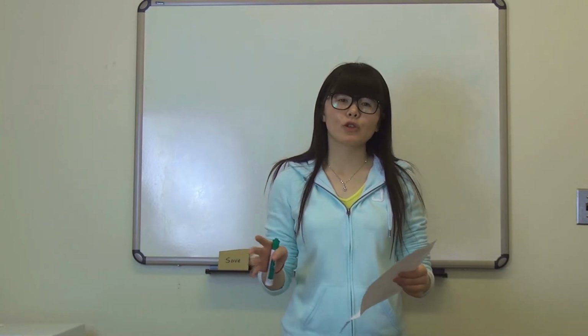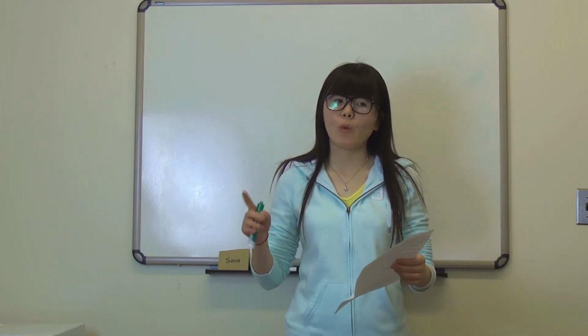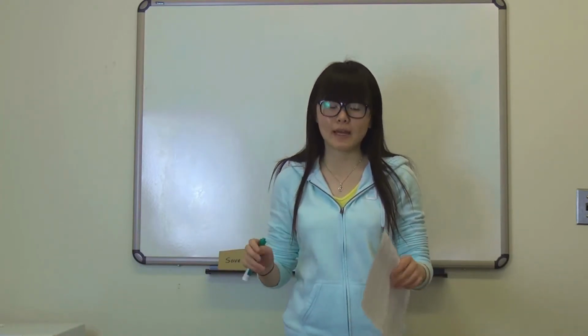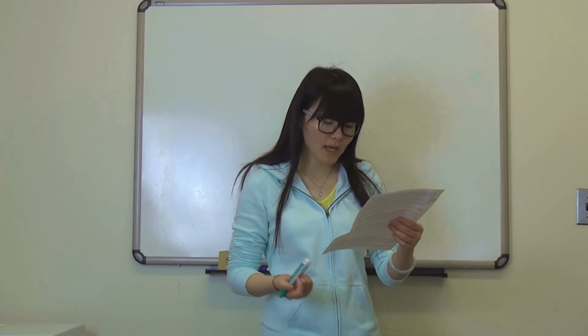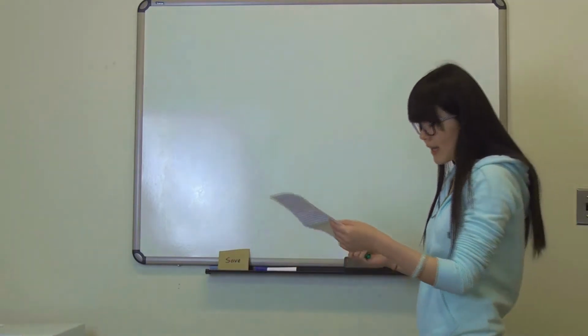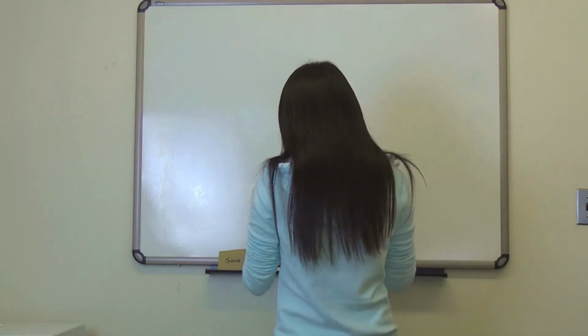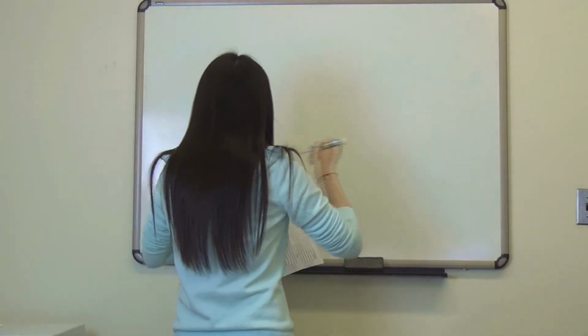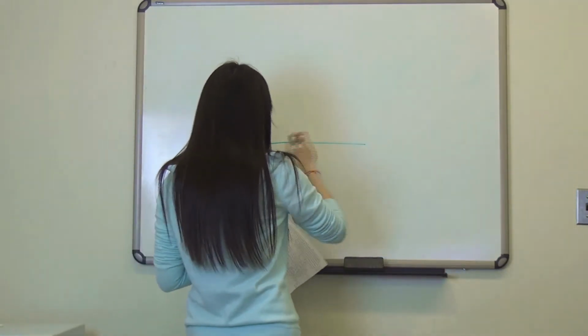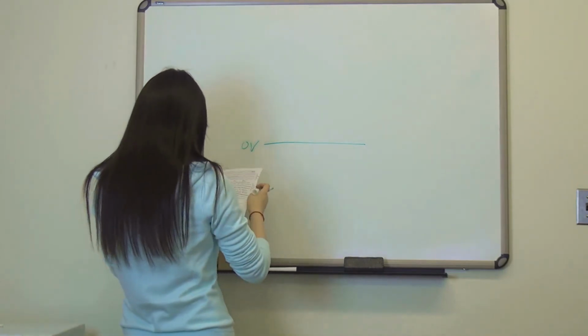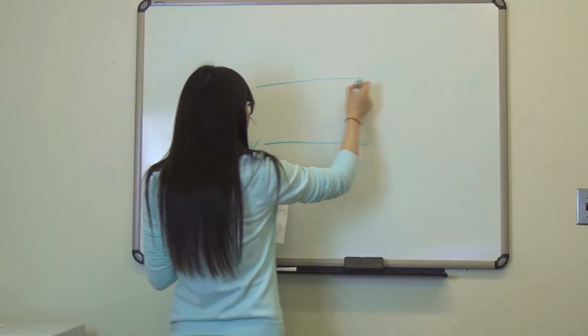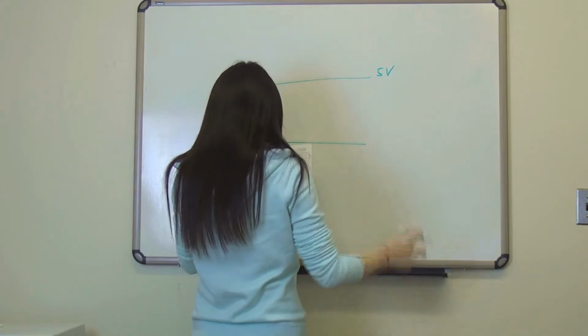Some also use 3.3 volts or 1.8 volts to reduce power consumption, but it really doesn't matter. Let's say we have a microcontroller that has a base voltage level which is 0, or ground, and a maximum voltage which is 5 volts.